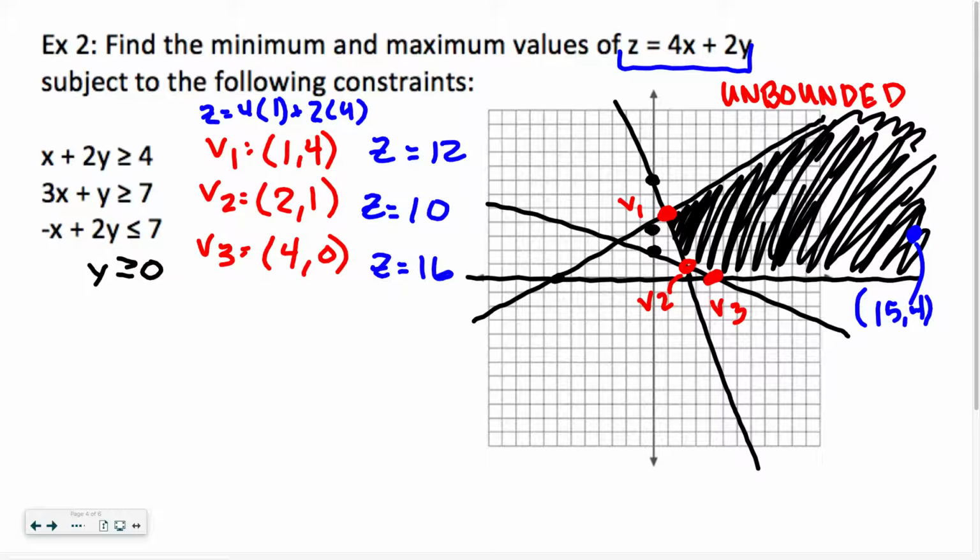And that's very specific to this unbounded region because all of the x and y solutions are going to be positive x and positive y. The unbounded region is in quadrant 1. So when you put in positives here, they just get bigger and bigger. So actually you have to be really careful with an unbounded region.